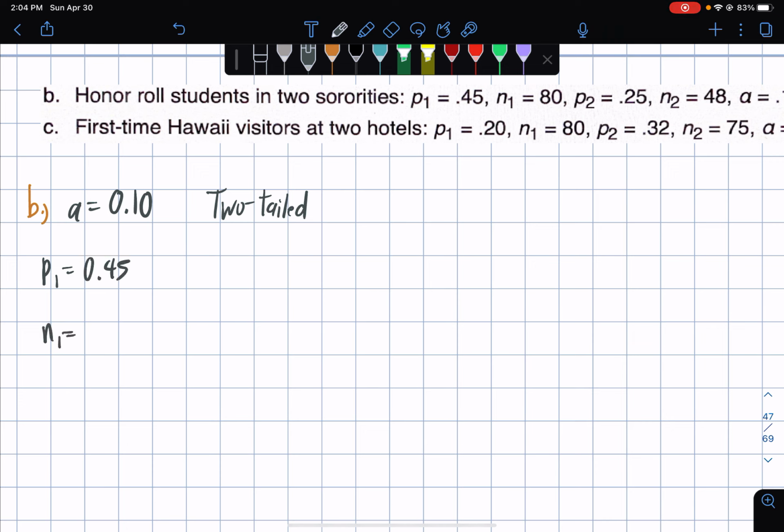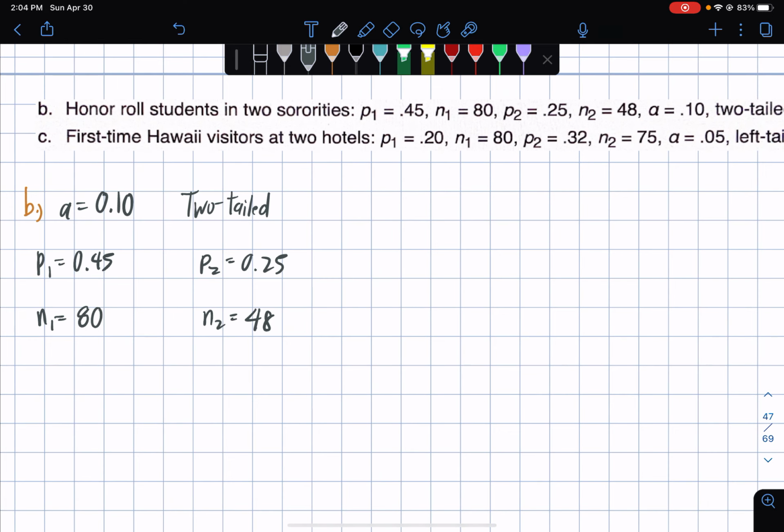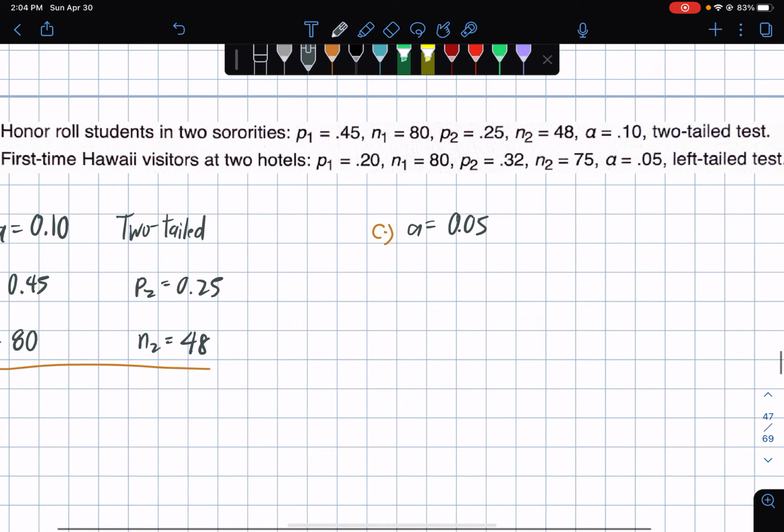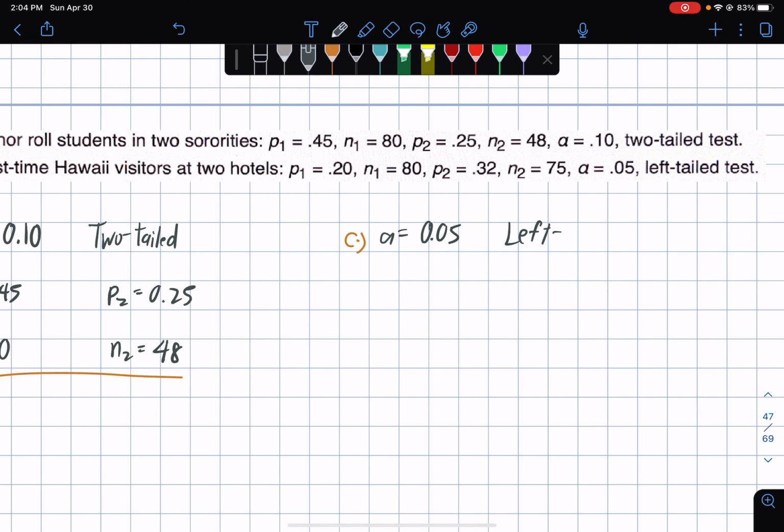We have N1, which is 80. P2 is 0.25. N2 is 48. For letter C, we have A is equal to 0.05, and we have a left tail test. P1 is 0.20, N1 is 80, P2 is equal to 0.32, N2 is 75.